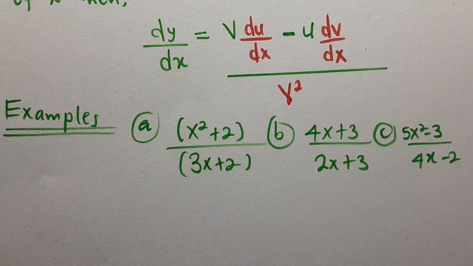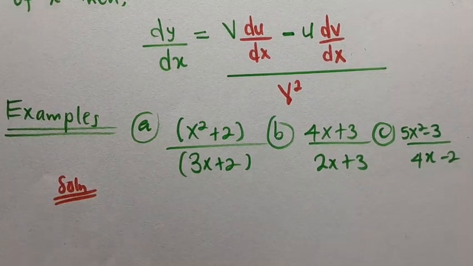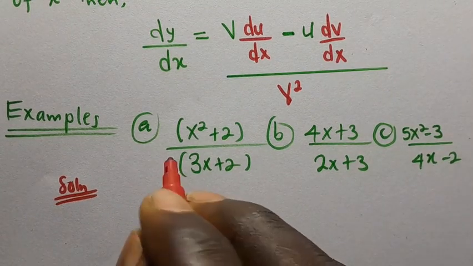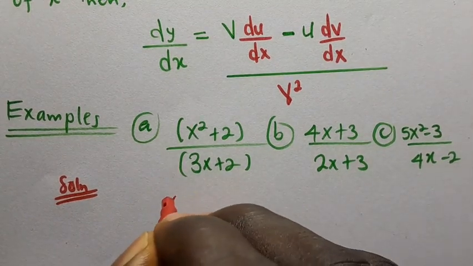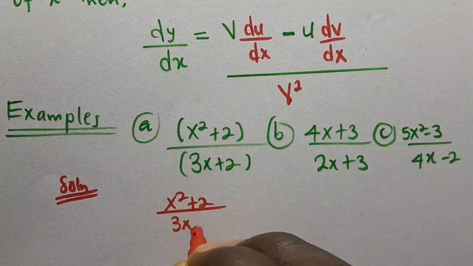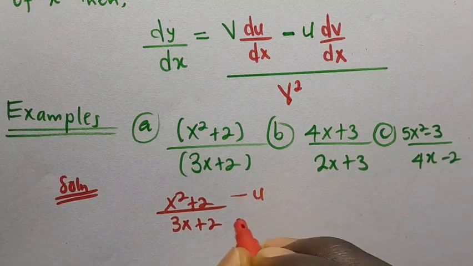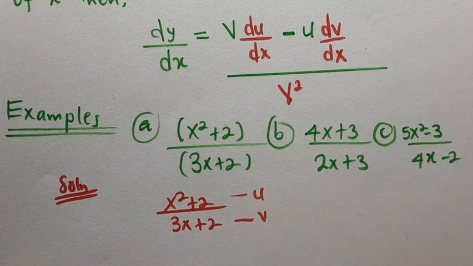So from here, we have the solution. We have x squared plus 2 divided by 3x plus 2. We can name this to be u and this to be phi.